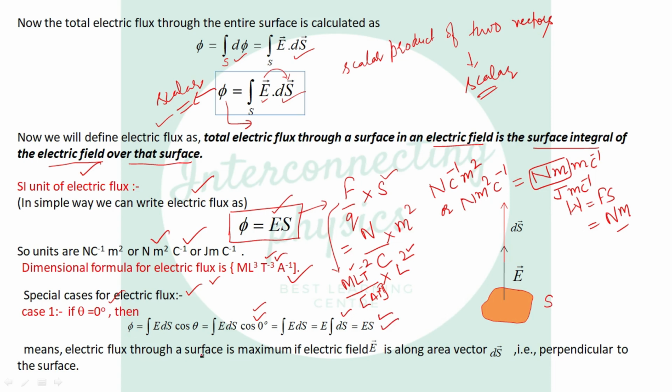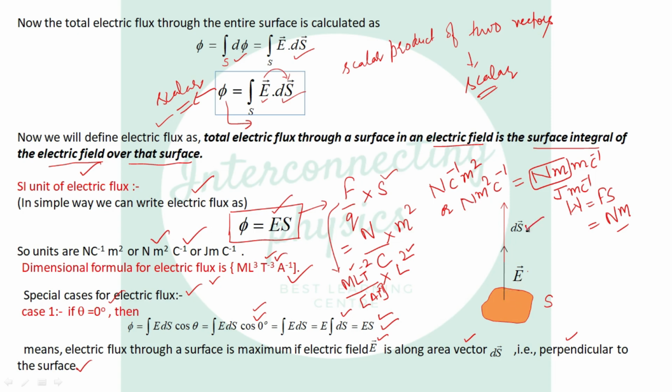It means electric flux through a surface is maximum if the electric field is along the area vector, that is perpendicular to the surface. You see, the area vector is always perpendicular to the surface, and the electric field here is perpendicular to the surface.